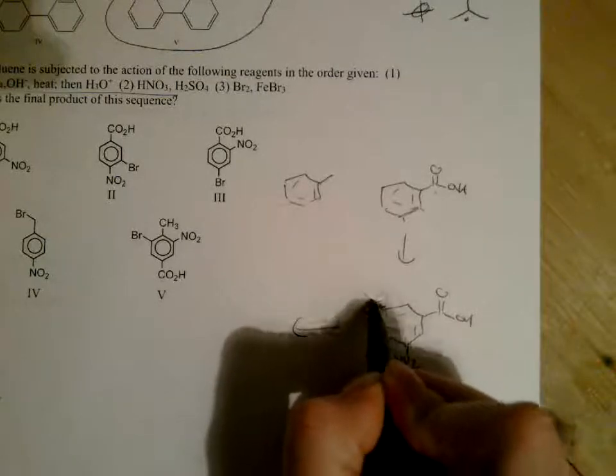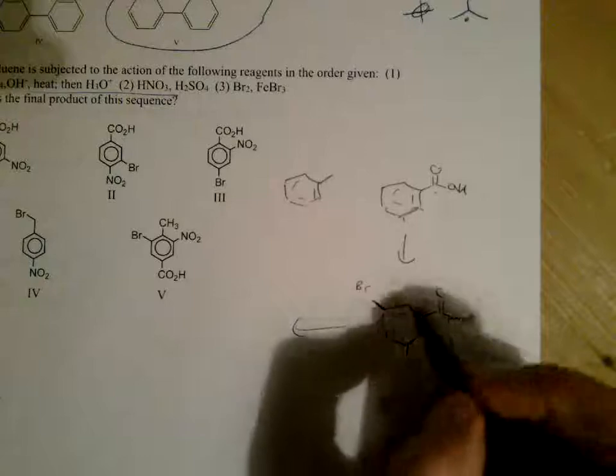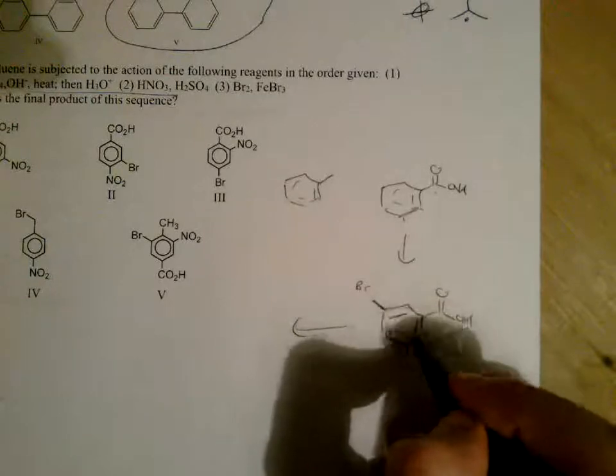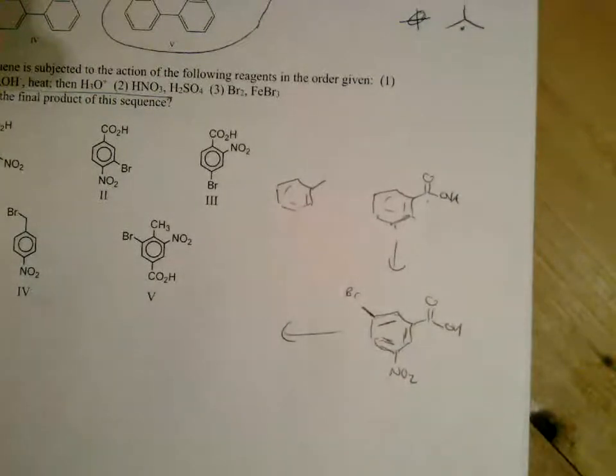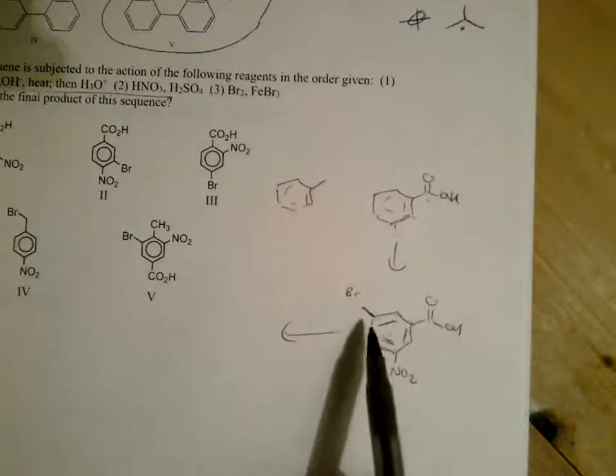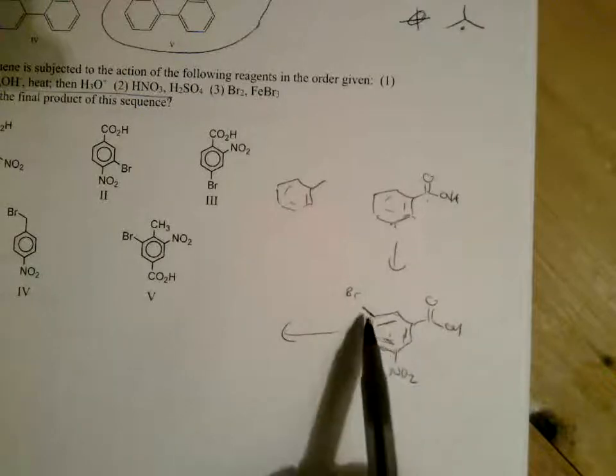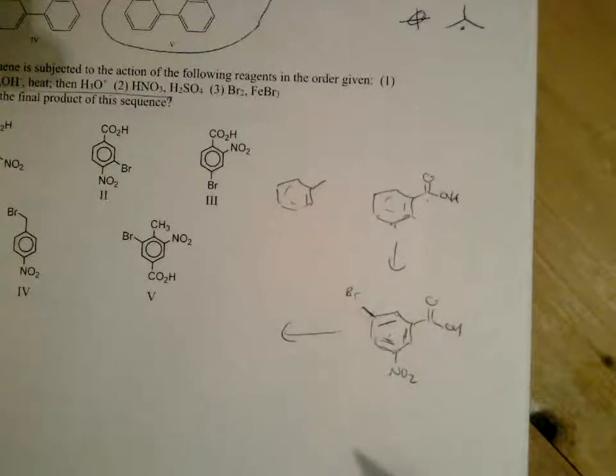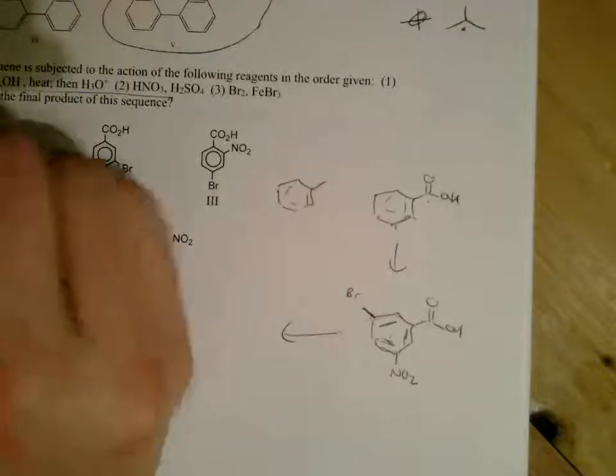Both of these meta positions happen to be right there, so I think this would be your best bet. You do have to solve the puzzle of which one's the strongest activating or deactivating, but in this case you don't have to, because it's meta to both of these when it's in this position. So that means your right choice is going to be answer choice A.